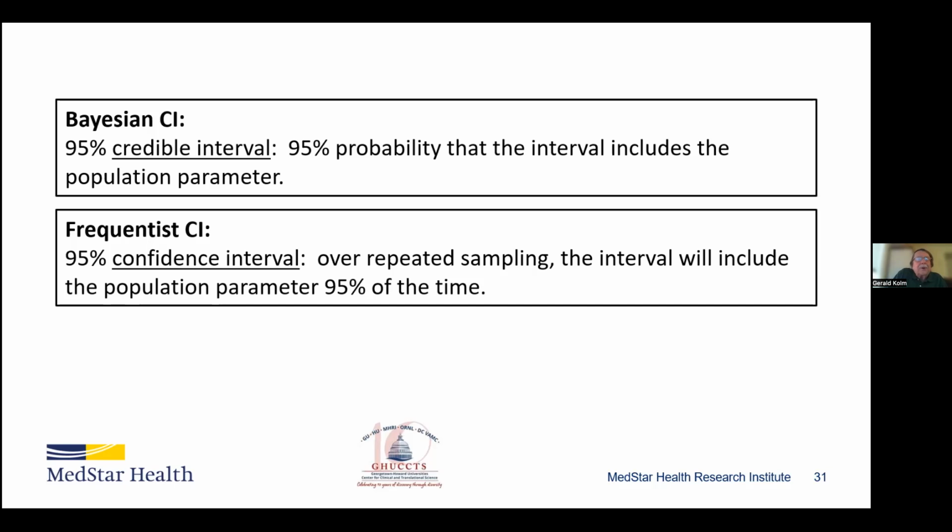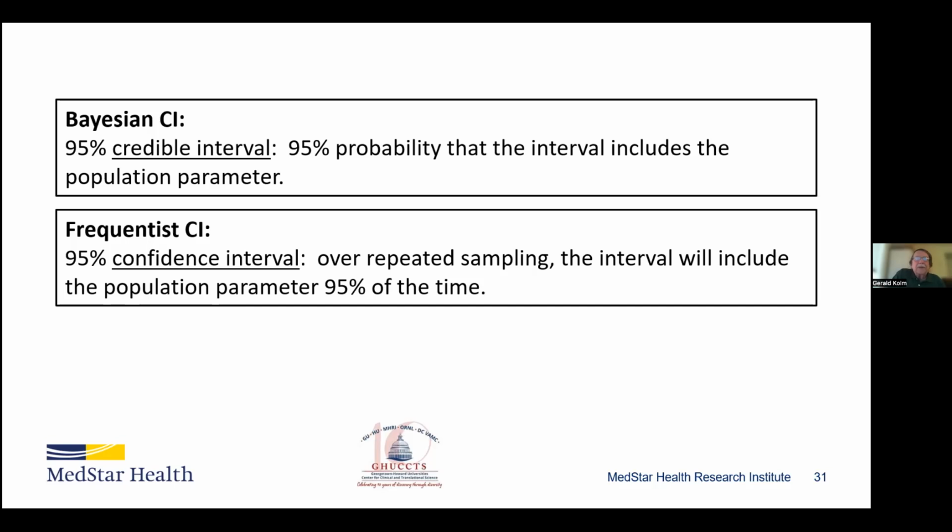But the frequentist or classical confidence interval is based on the concept of repeated sampling. So if you sampled an infinite number of times, then the true population parameter will be included in the interval 95% of the time. From the Bayesian perspective, what's called the credible interval is the probability that the true population parameter is included in that interval.